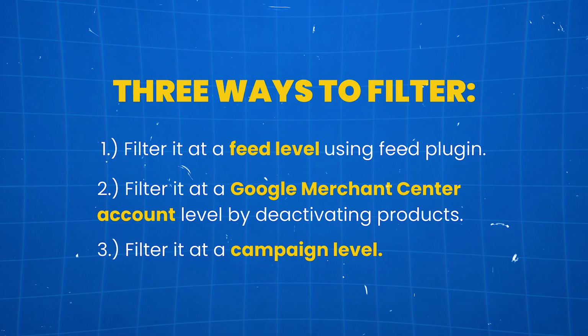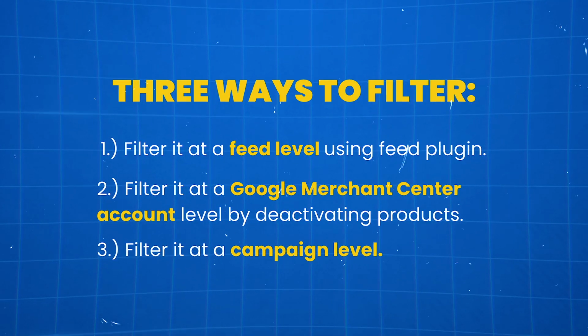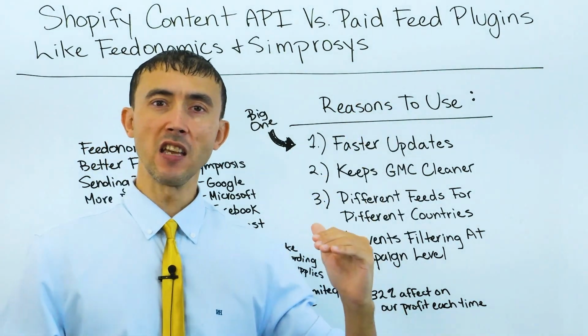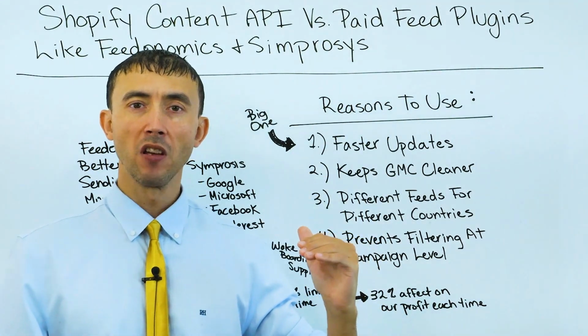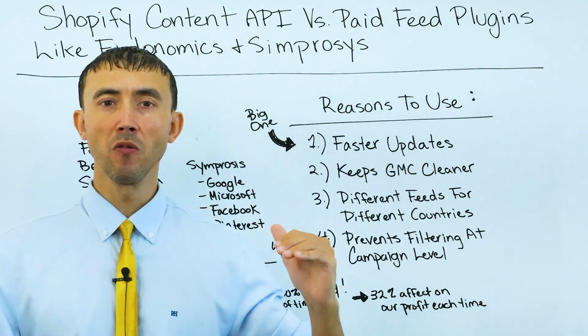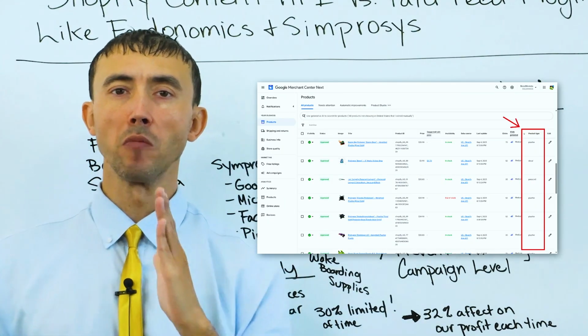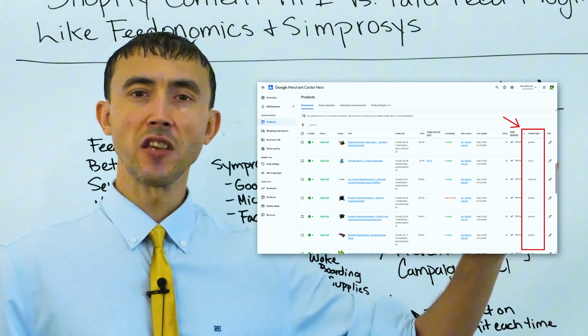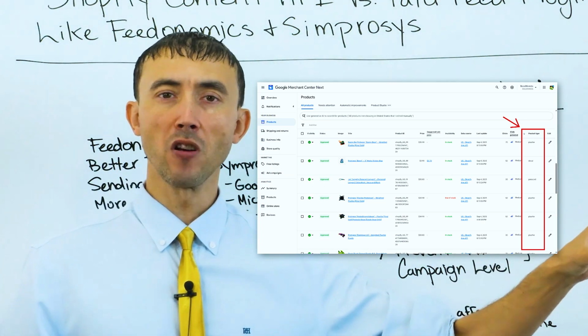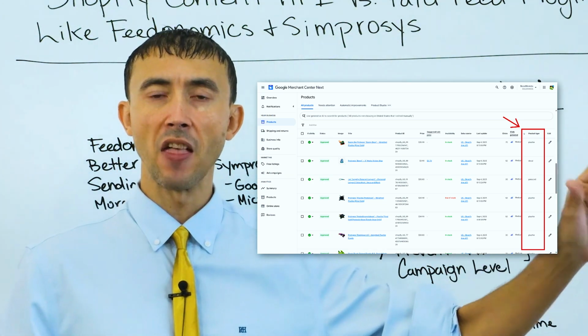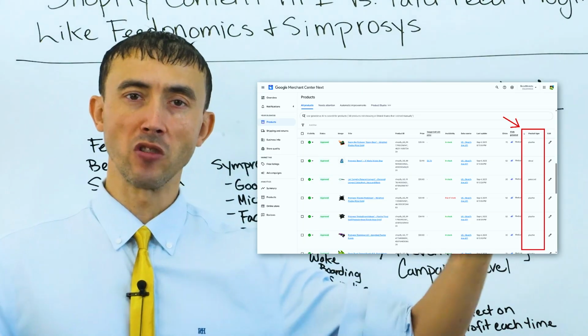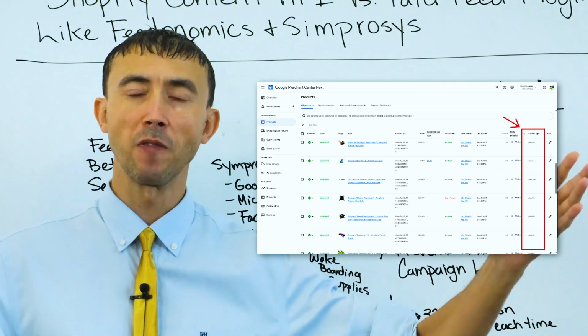You could also filter it at a campaign level itself, either by directly excluding it via the product listing menu in your campaign, or you could add a label on Google Merchant Center and then make sure the campaign's set up to look for a certain product with a certain label on it and automatically filter by that label, which is one that we use actually quite often here.